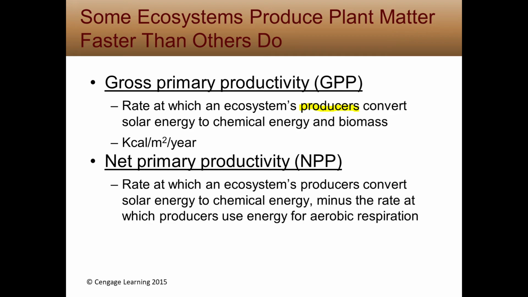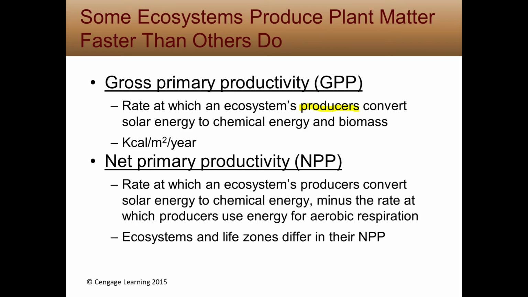Okay, and it's a term that we use very, very often to describe how useful and how productive an ecosystem is. If you remember from the test yesterday, open ocean has really low net primary productivity. The rainforest has really high net primary productivity. And so we're going to keep kind of trying to refer to it to describe life zones on Earth.